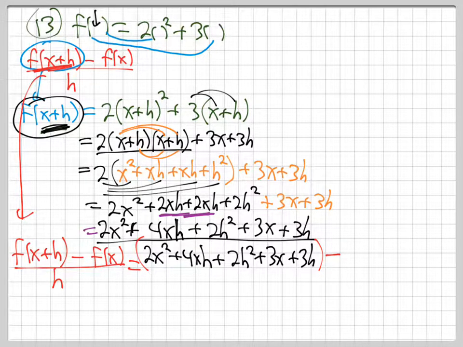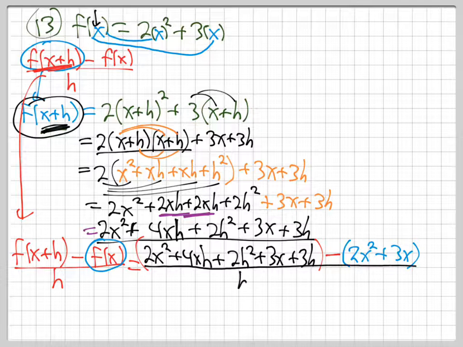What's the second group? F of x, yeah. That's just the original. The original was f of x, wasn't it? So that's just going to be, parenthesis, this group, minus 2x squared plus 3x, all over h.